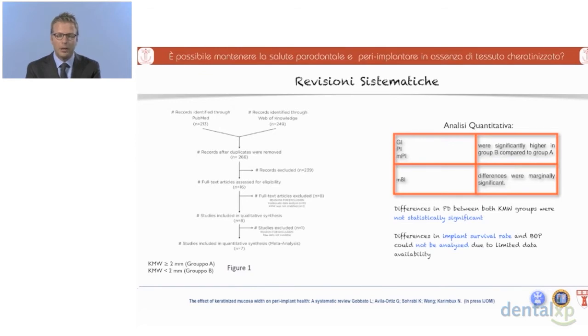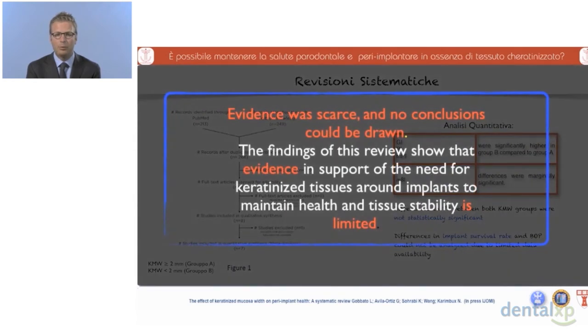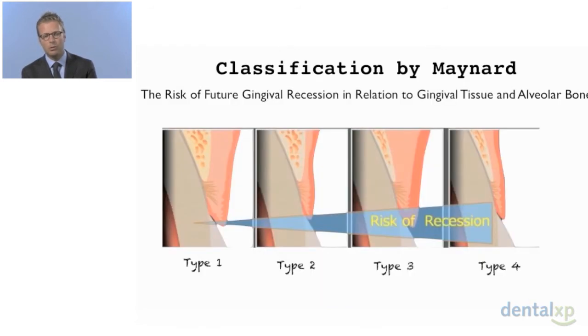But interestingly, we did not find any difference supporting that we need the keratinized tissue around the implants to maintain health and tissue stability. So in conclusion, the evidence was scarce and no conclusion could be drawn. But we know that if you want to achieve a good aesthetic result, keratinized tissue is extremely important.